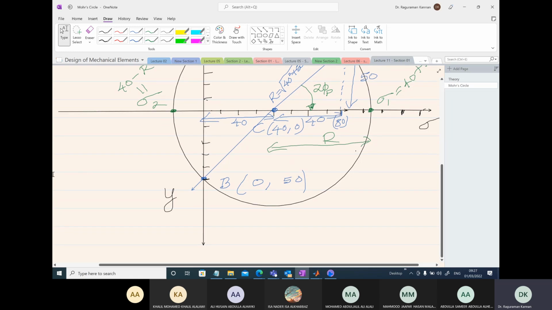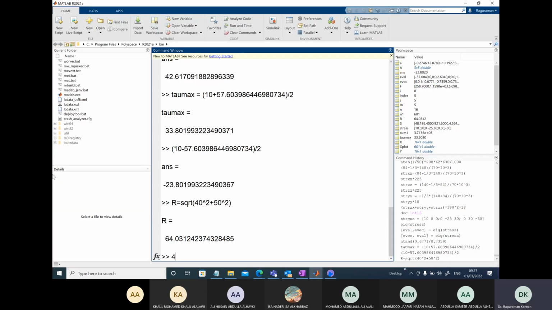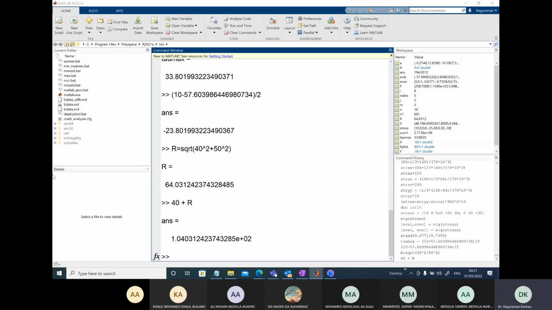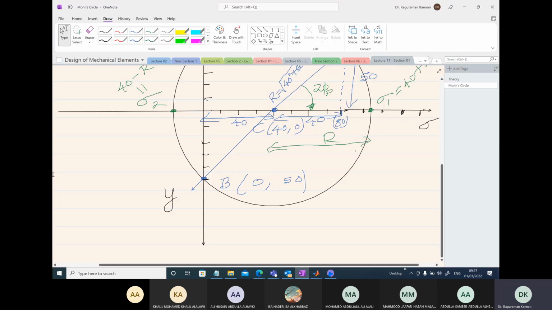So let's calculate sigma 1 and 2. The value 40 plus r is 40 plus r, 104.03 megapascals.